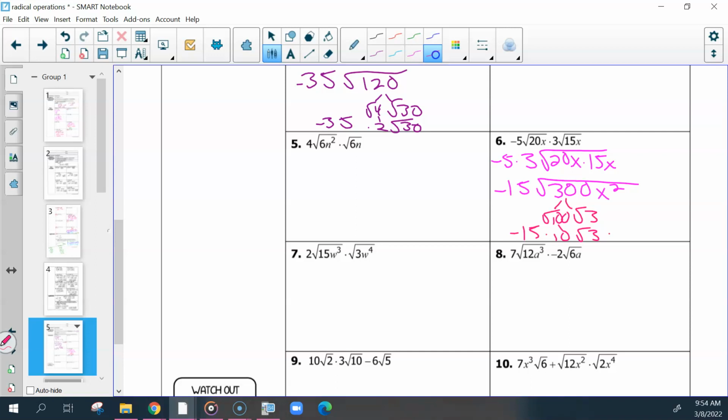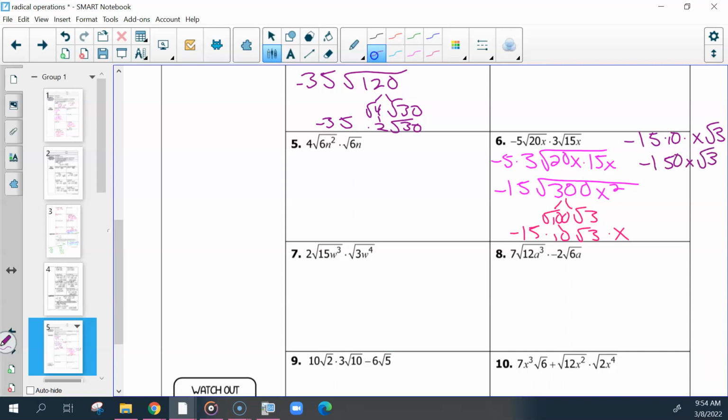Once, so that would be 1x that comes out. So if we rearrange all of this, we would get negative 15 times 10 times x times the square root of 3, or negative 150x times the square root of 3.